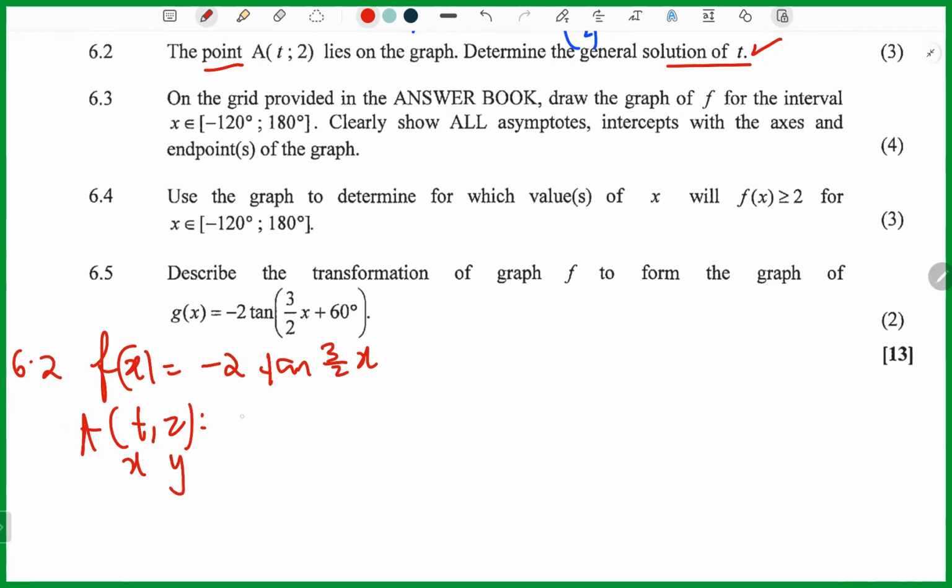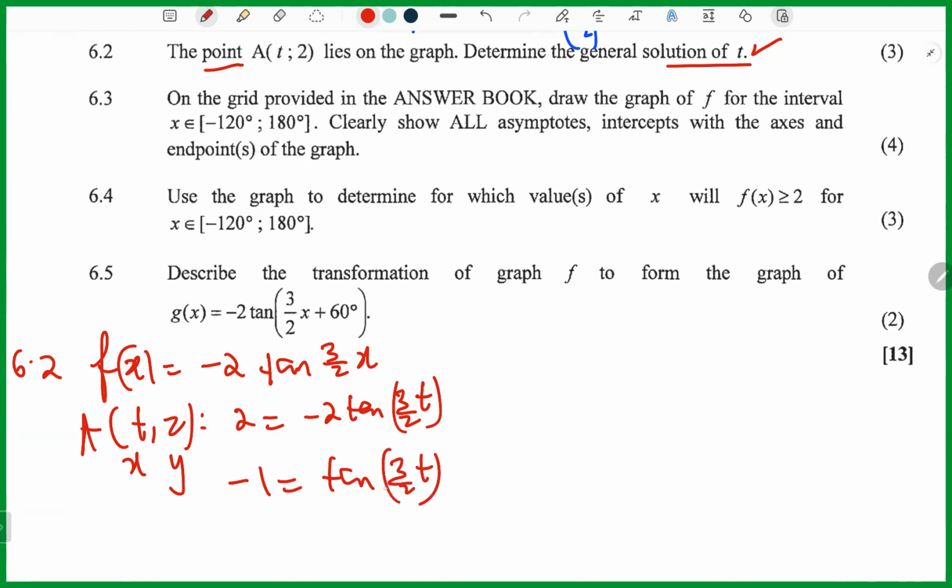So what is y? y is 2 equals minus 2 tangent of 3 over 2 t. Right, so at this point, you divide both sides by minus 2, so that we have minus 1 equals the tangent of 3 over 2 t.